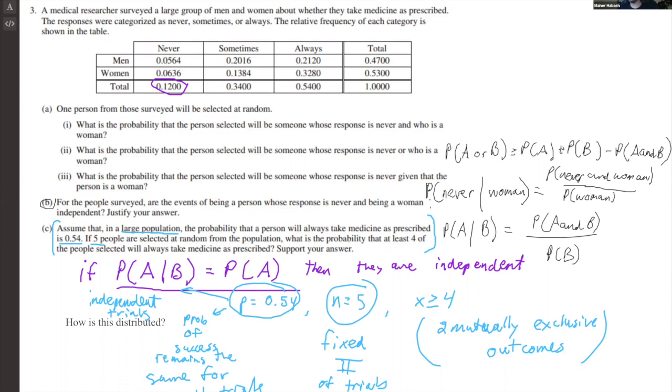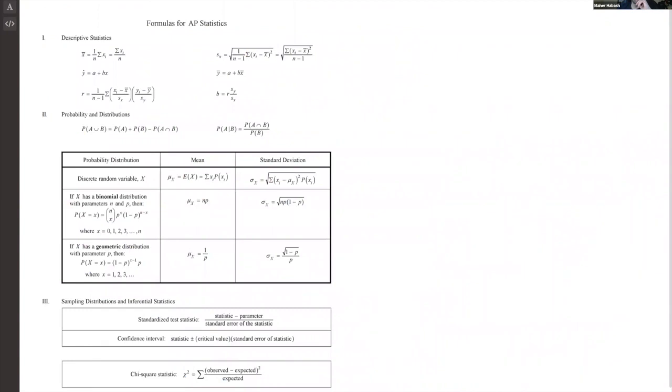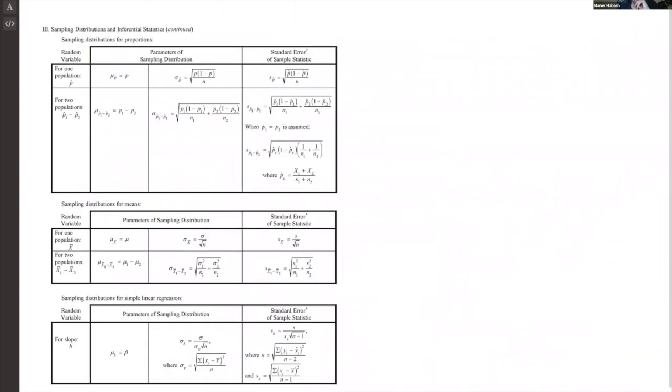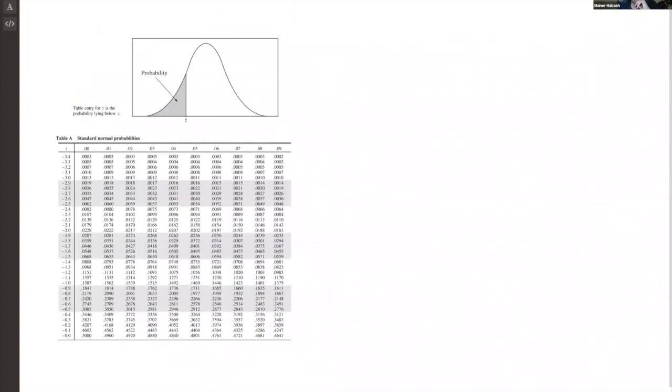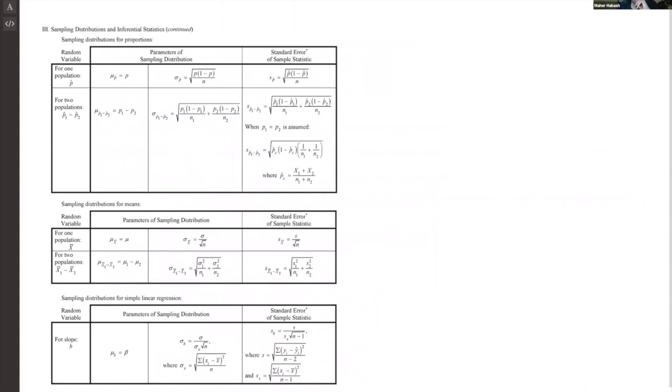If you needed it without that calculator function, yes, there is a formula, and it's on our formula sheet. Since you've screen shared, let me go back and see the formula sheets. Here's some of the probability ones we were talking about. No chi-squared.